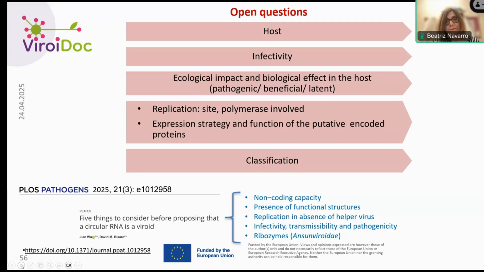So we must be sure that when we infect, there is no virus present in the host. And we have to prove the infectivity, the transmissibility, and whether they are pathogenic or not. So let's say the Koch postulates, which sometimes we forget about. And in the case of Avsunviroids, the presence of ribozyme.